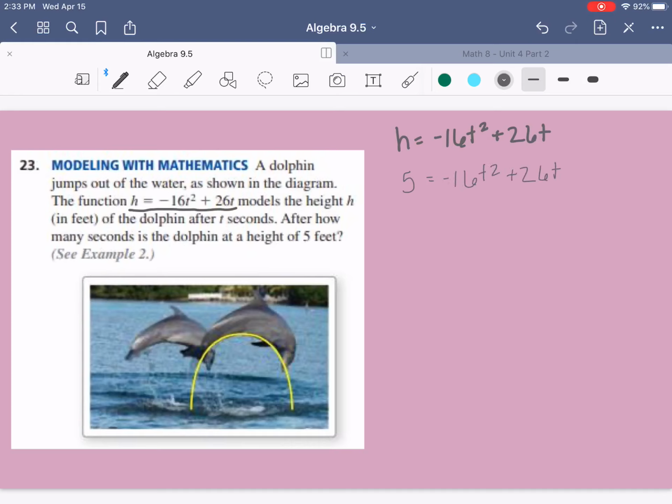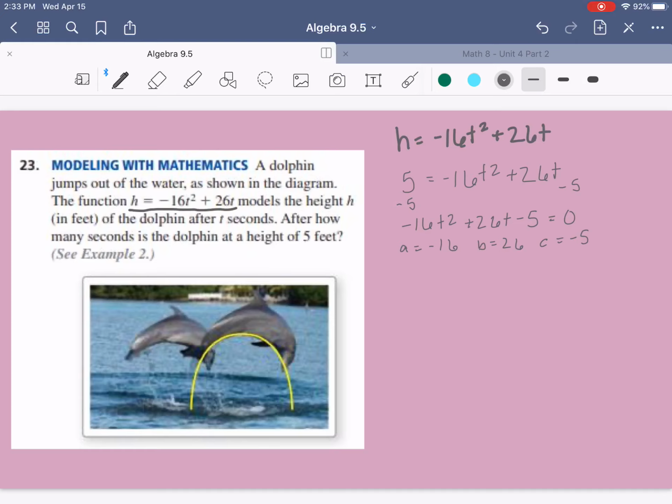Now I'm going to move the 5 and solve using the quadratic formula. So subtract 5 from both sides, and of course I'm going to take a handful of seconds to identify my A value, my B value, and my C value.